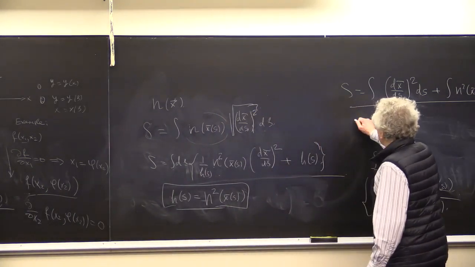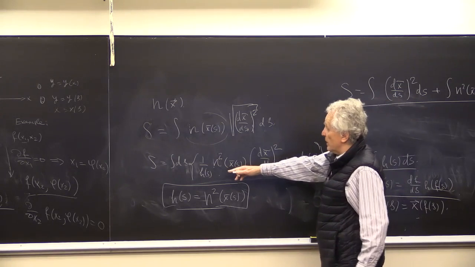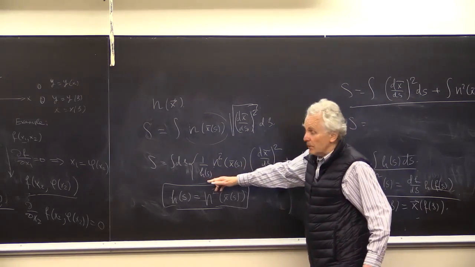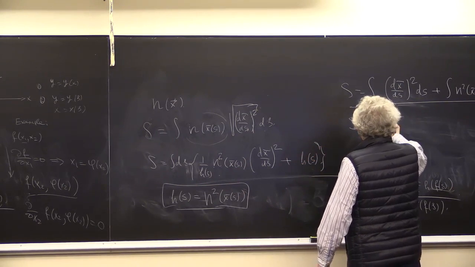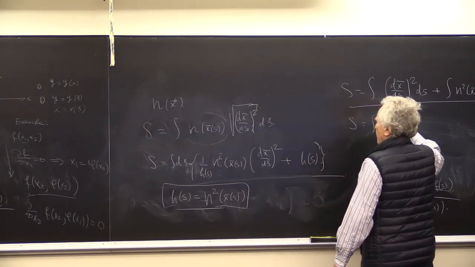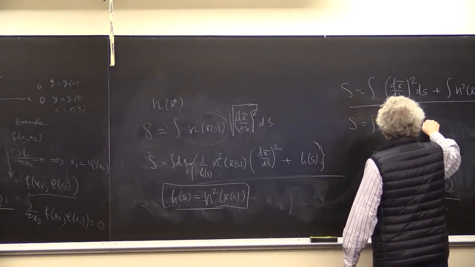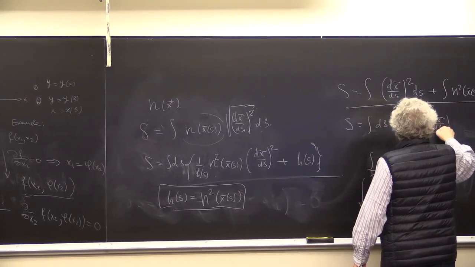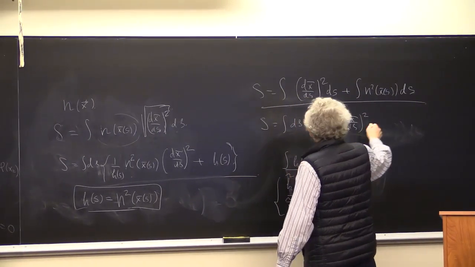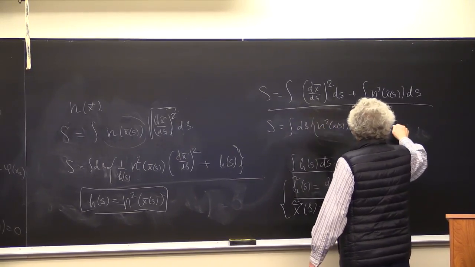Now we can also get the third action by choosing a natural gauge, which is sometimes used, where h of s is equal to a constant. So you get the integral ds of n square of x of s, dx ds square, plus a constant.